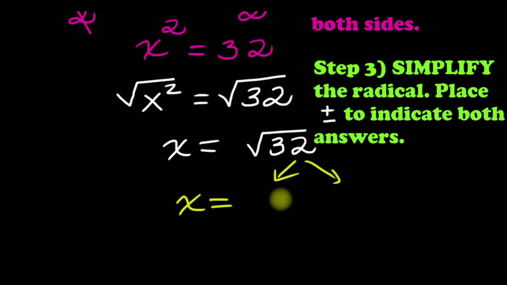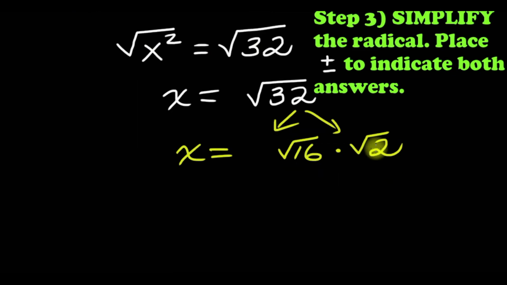How about 16? 16, yeah. So we break it up into the square root of 16 times the square root of 2. That makes the square root of 32. What is the square root of 16? Well, the square root of 16 is just going to be 4.